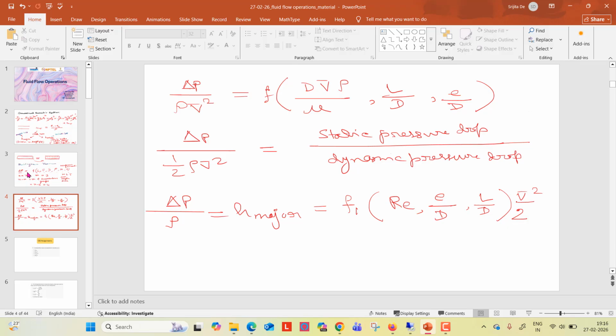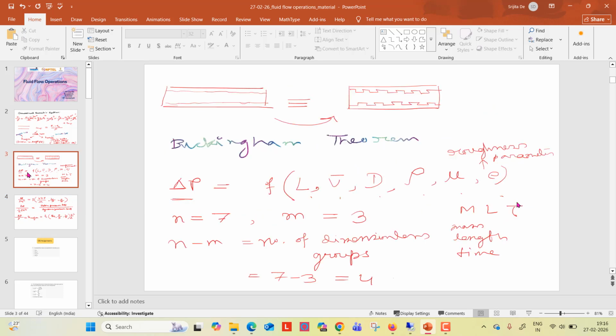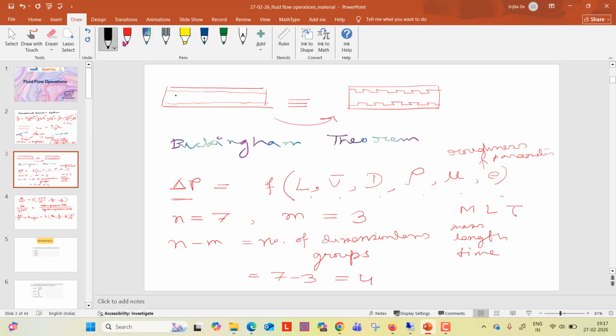So in the experimental observation, when we do experiments, we have seen that this Reynolds number is related to the roughness. You have seen in the previous slide that if the channel is smooth like this, there is less chance of chaotic fluid flow. It will be more streamlined, more likely to go layer-wise.